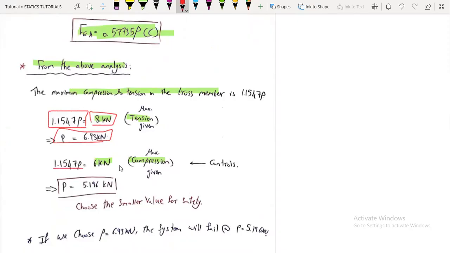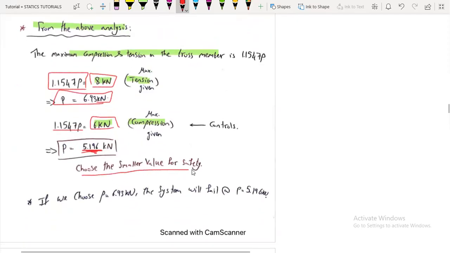Note that this is the controlling one, because it gives us the least value, 5.196 kilonewtons. So choose the smaller value for safety. In other words, if we take P to be 6.93 kilonewtons as our limit, when the system reaches P equal to 5.196, it will fail in compression. That's why we choose the lowest value.